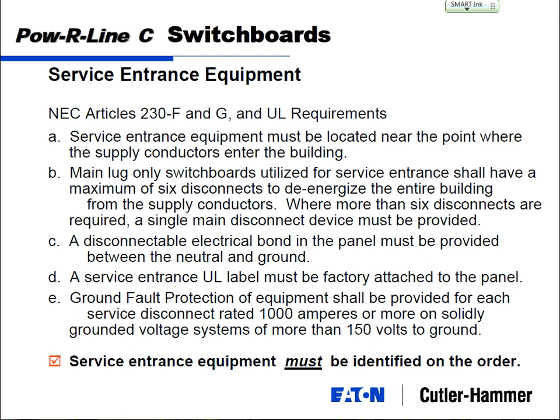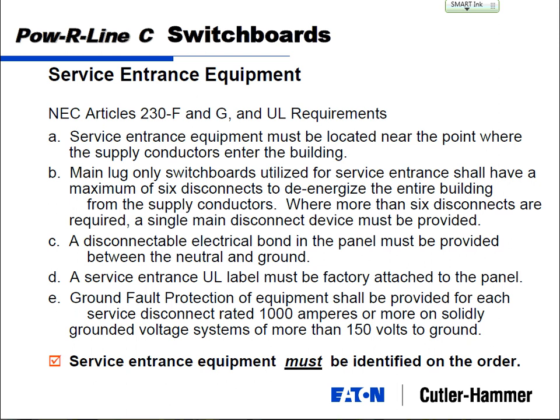Some of this may be familiar, but service entrance equipment has to be considered separate from all the rest of your equipment. And why is that? Primarily, the way I can figure, when your building's on fire and the firemen come into your building, they need to know what equipment to turn off to shut off the electricity. How do I isolate my building's power?